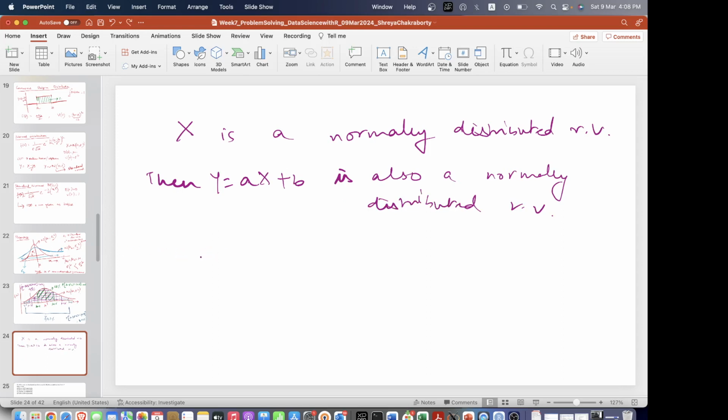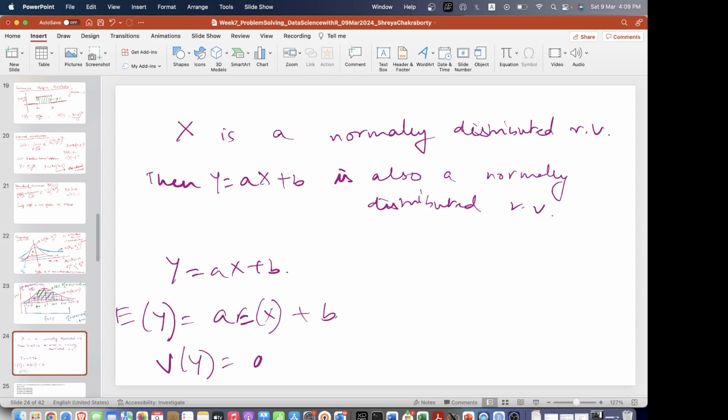So x is, y is ax plus b, then expectation of y would be a times expectation of x plus b, and variance of y would be a square variance of x.